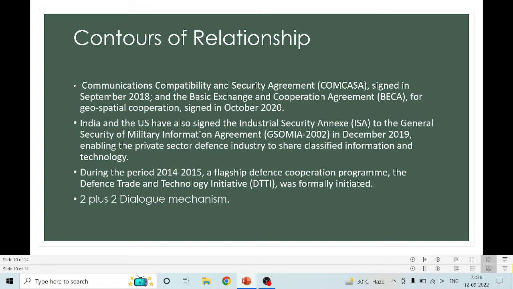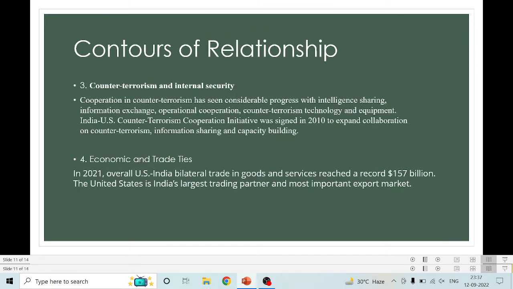Then the 2+2 dialogue mechanism, where the U.S. Foreign Minister and Defense Minister and India's Foreign Minister and Defense Minister meet annually, and they decide on various contours of the relationship, various policies, and a strategic kind of partnership is being initiated through the 2+2 dialogue.